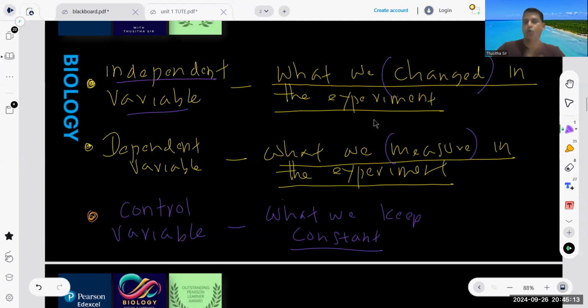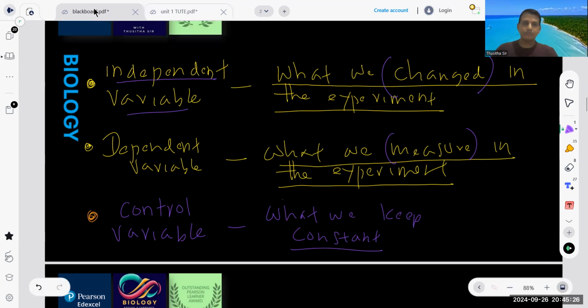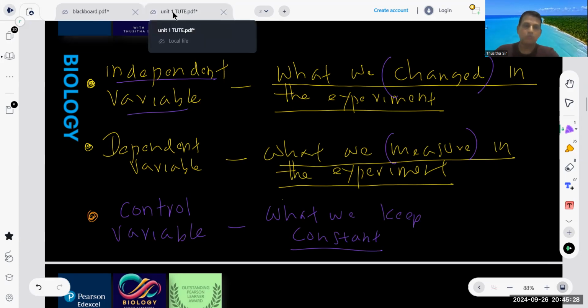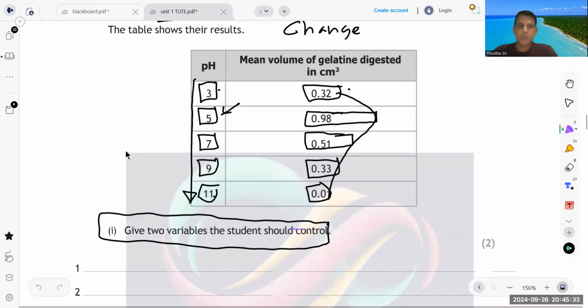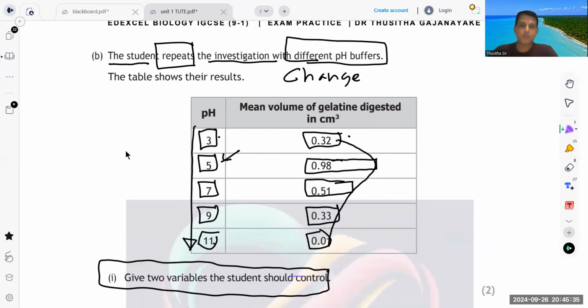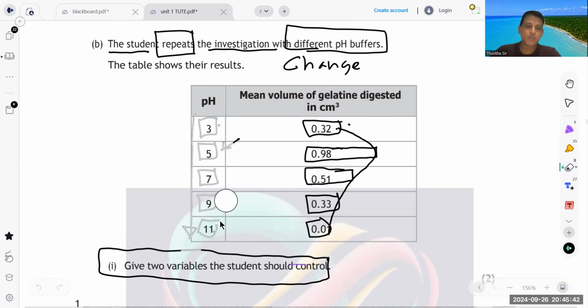So you can copy this first, and then we'll see whether you can still identify the independent and dependent variable from the result. Right now, looking at the result, can you try to find what is the independent variable?